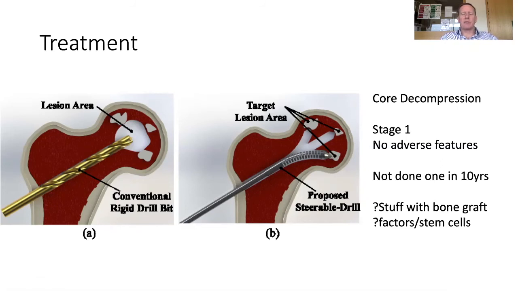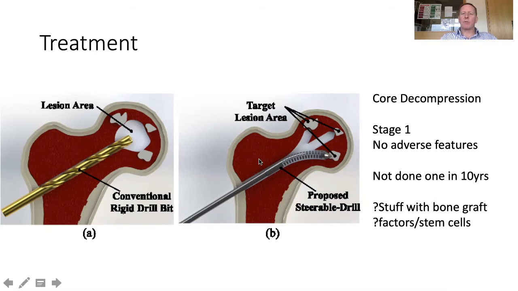The idea is you try and break down the walls of the segment and maybe disrupt the necrotic segment, encourage some bleeding. And if there is a hole there, you can actually stuff that with bone graft or maybe even growth factors or stem cells. And that's quite an attractive idea.